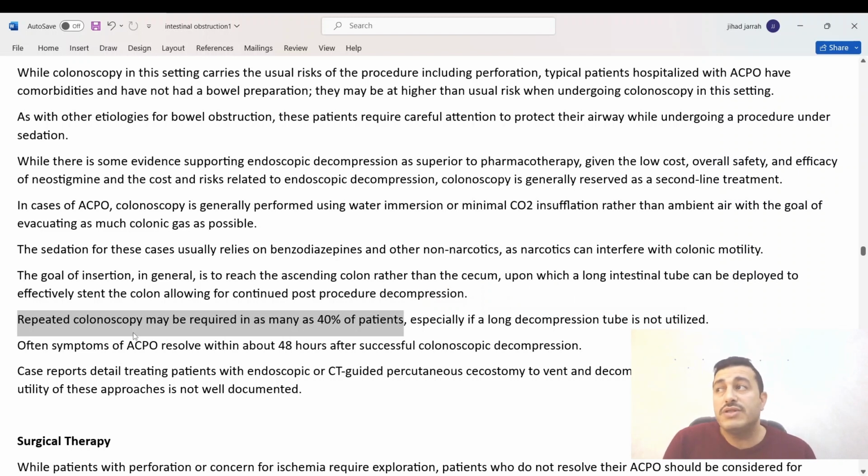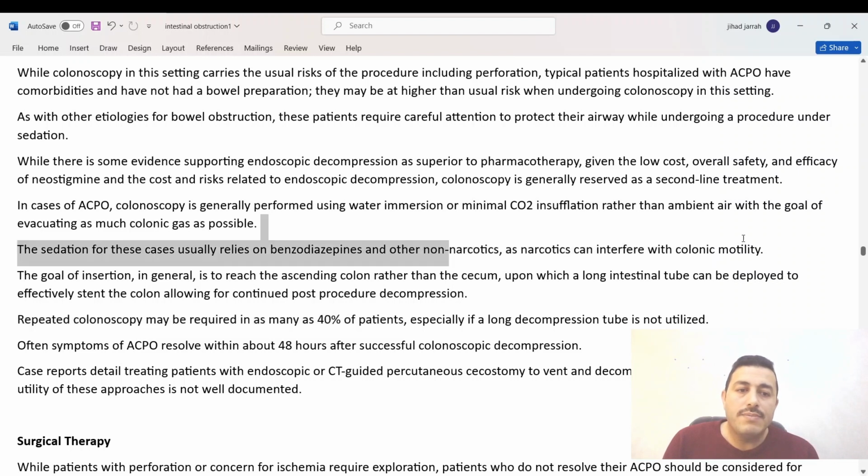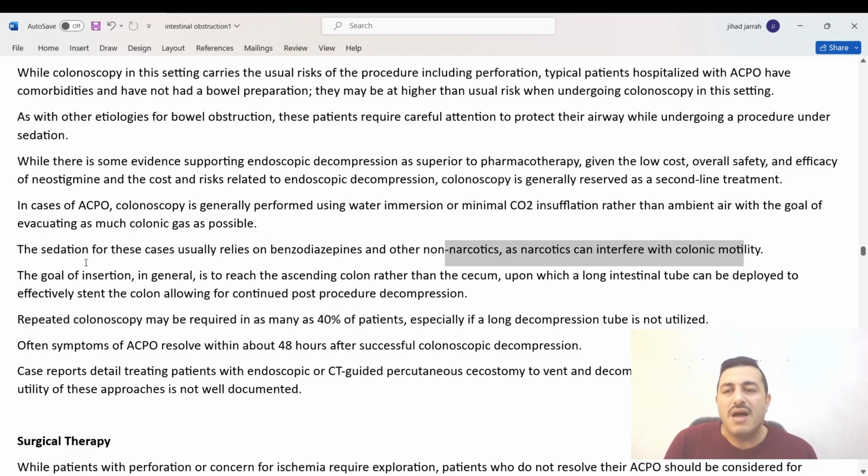Remember here that the patient requires sedation, and in sedation we should avoid narcotics because they interfere with colonic motility. Actually, the type of sedation can rely on benzodiazepines. Okay, an important topic: when we decompress the colon, we should actually reach the descending colon.